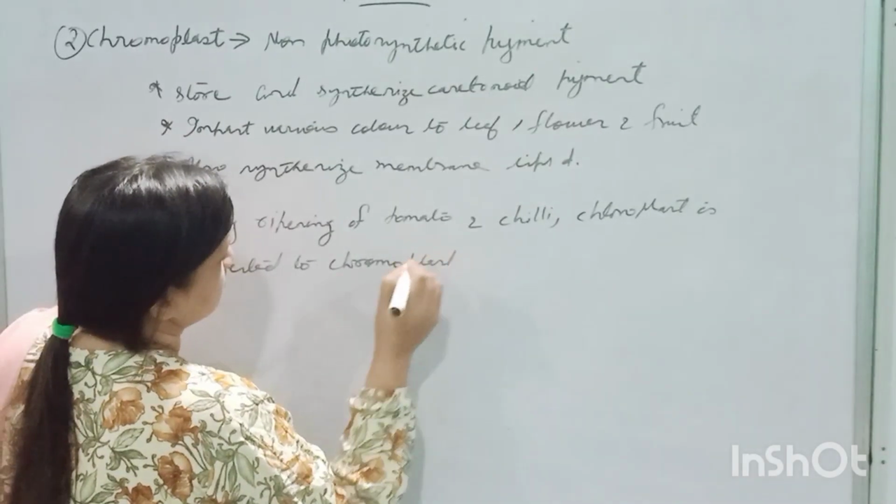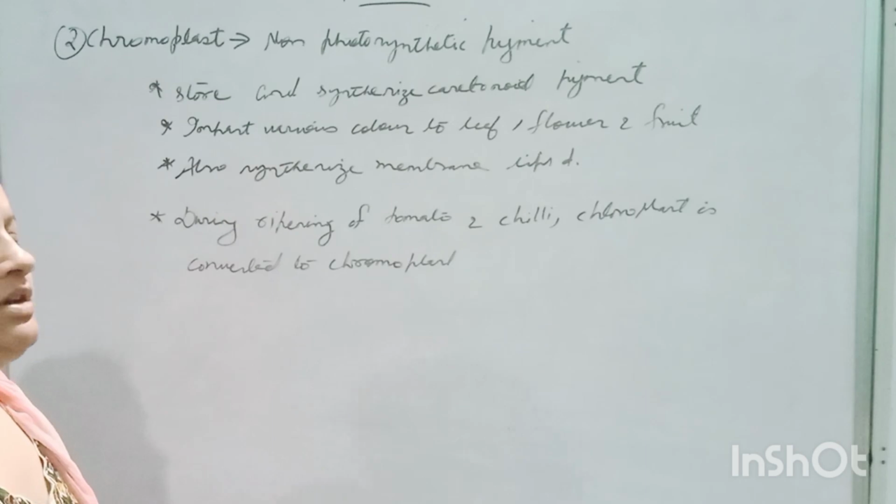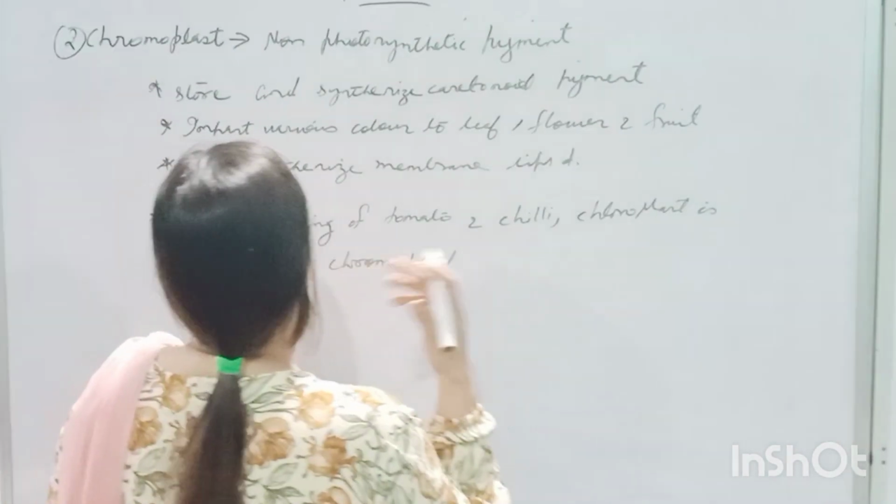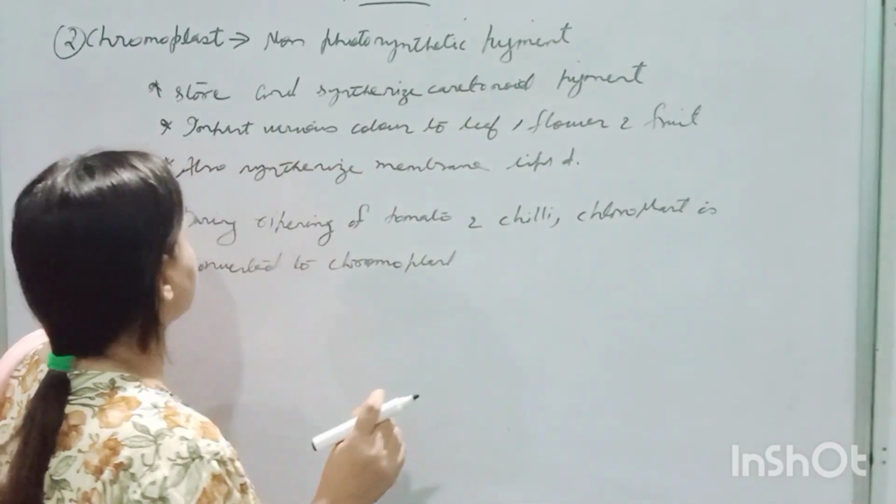So one of the properties of plastids is that they can change from one form to another.